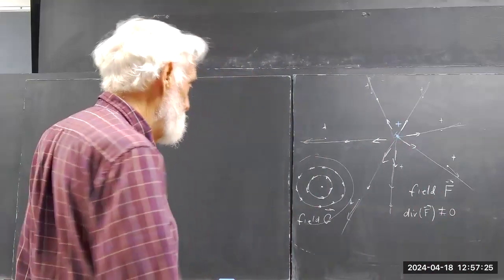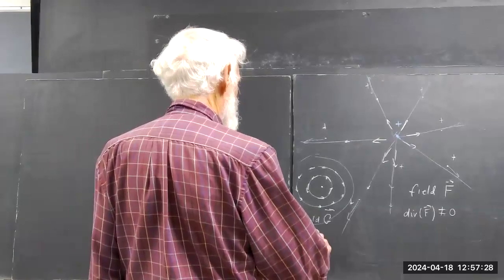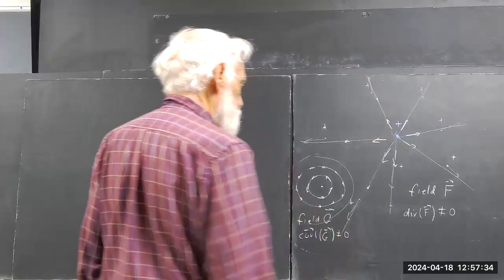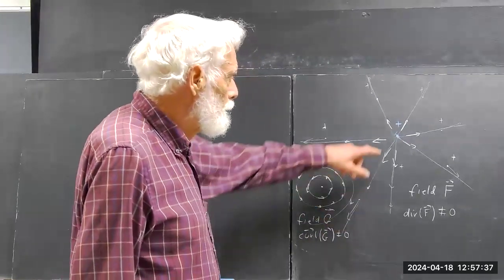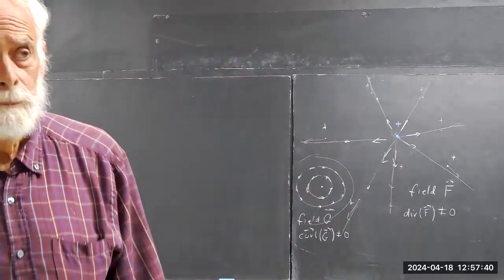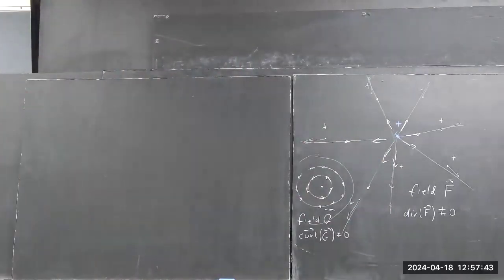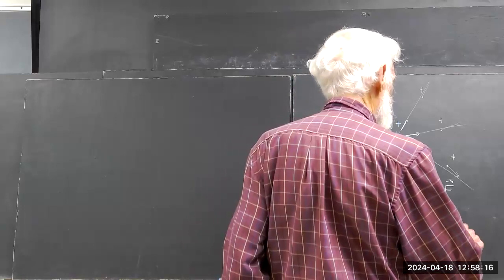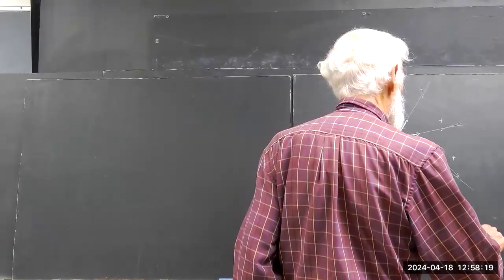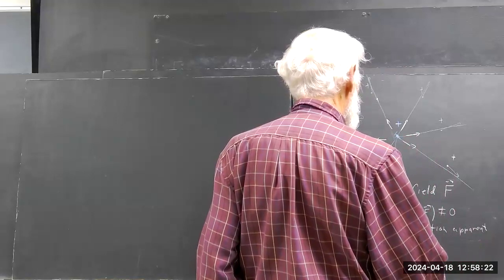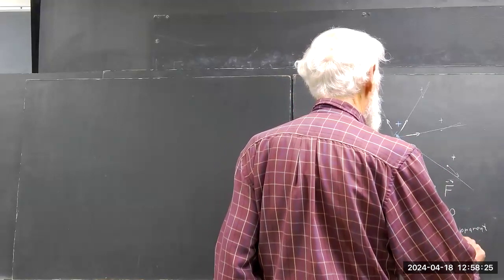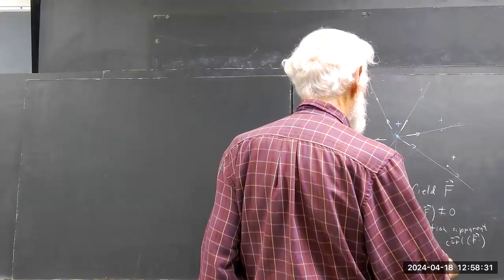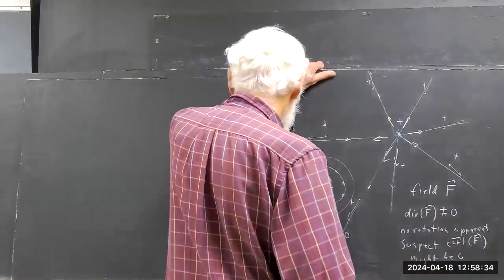And for the field G, the curl of G is non-zero. What do you think the curl of this one would be? What would the curl of F be? No rotation is apparent. We suspect the curl of F might be zero.